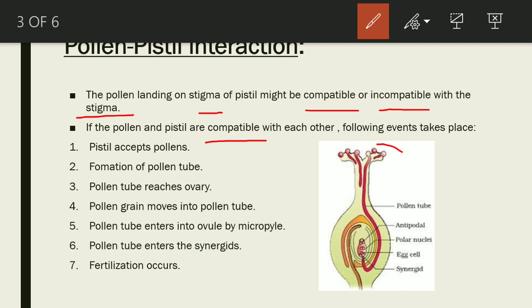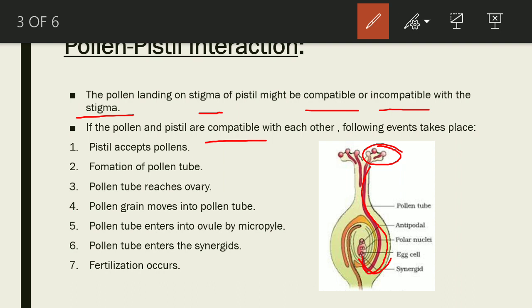Firstly, the pistil accepts the pollens, then the formation of pollen tube takes place. After the formation of pollen tube, the pollen tube reaches the ovary, then the pollen grains move into the pollen tube.